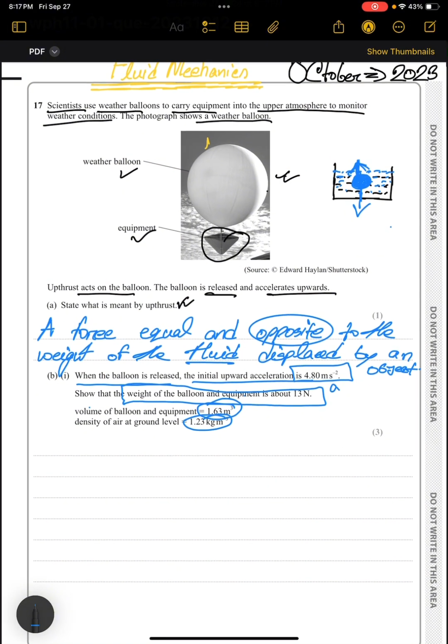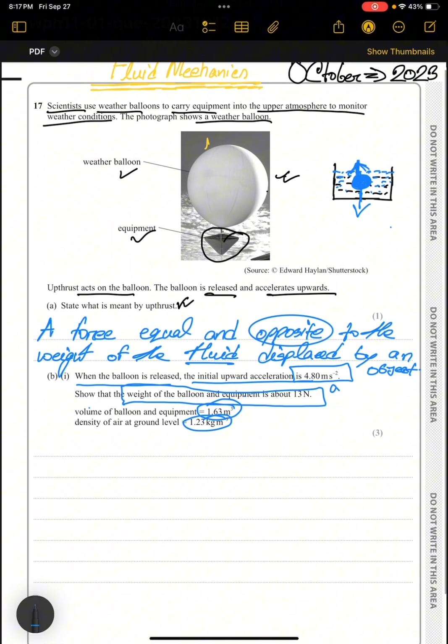As we all know, upthrust is equal to rho V g. This is the density of the fluid, this is the volume of the solid, and this is the gravity. So we can find out the upthrust here.